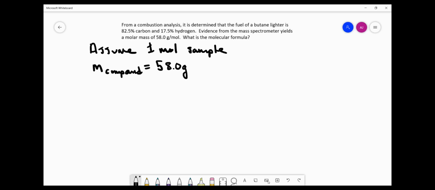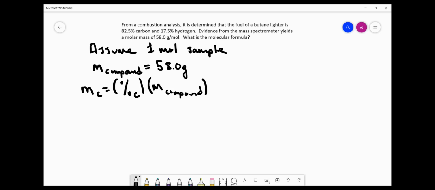My next step is to use the percent composition formula rearranged to determine the mass of each element in this 1 mole sample. So the calculation I'm doing is thinking, if I have a 58 gram sample and 82.5% of it's carbon, what's the mass of carbon in that 58 gram sample?